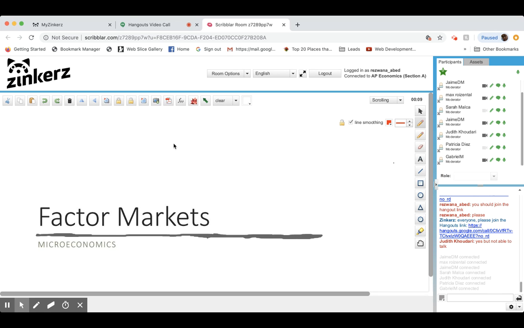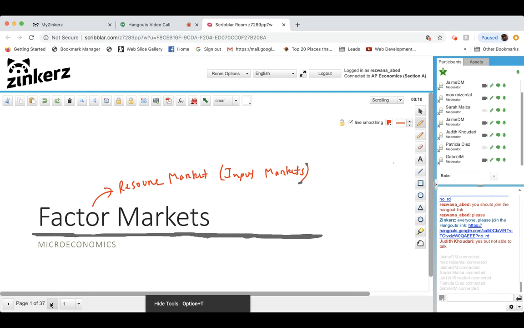Okay, so factor markets, also known as resource markets or input markets. So far what we have talked about in micro is supply and demand, but all of that has been related to the product market.